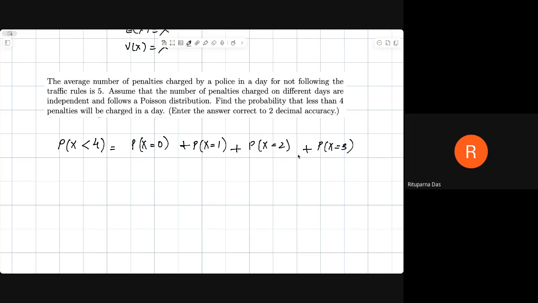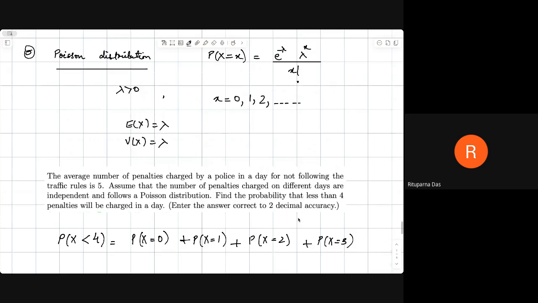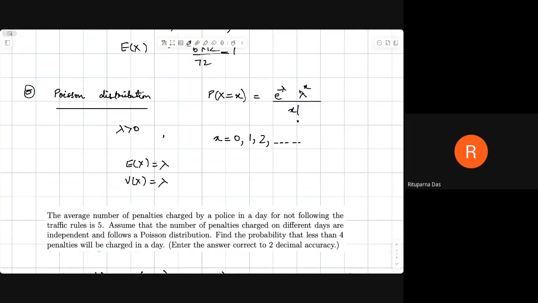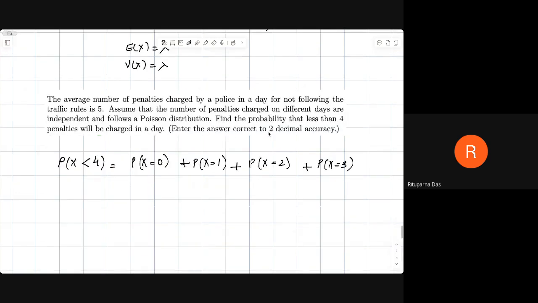And we have to put the formula for this particular distribution. We are going to use P of x equals e raised to power minus lambda into lambda raised to power x divided by x factorial.